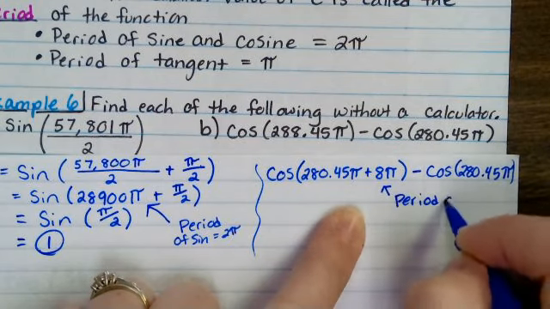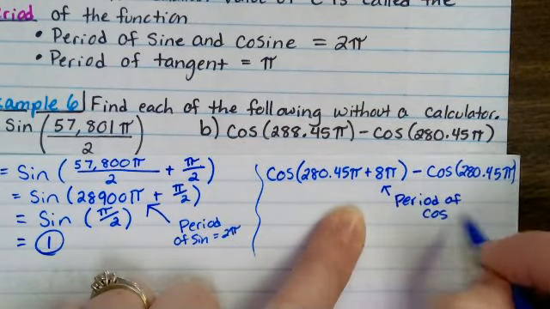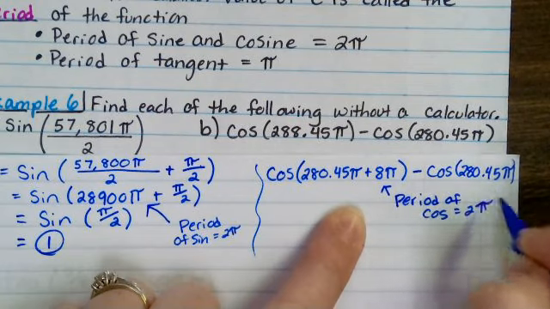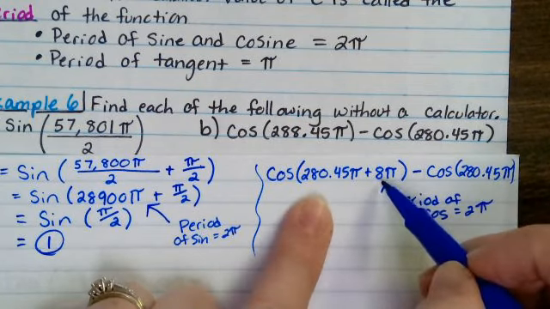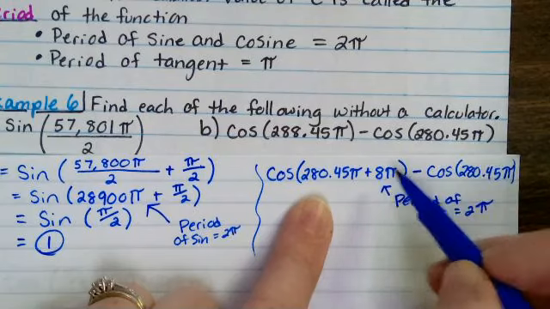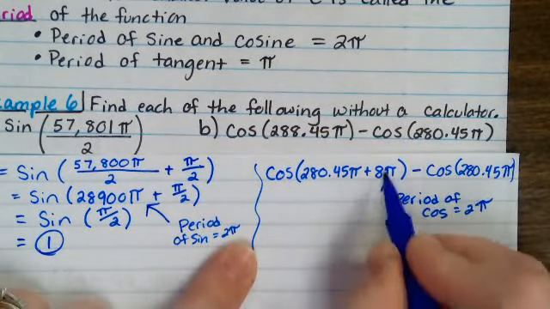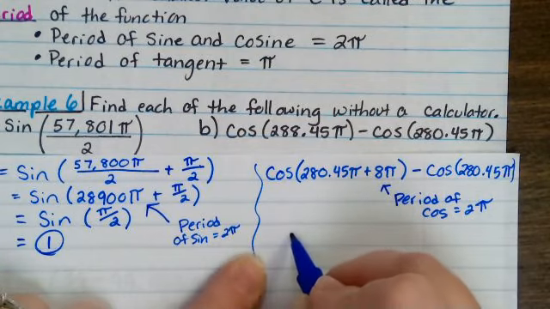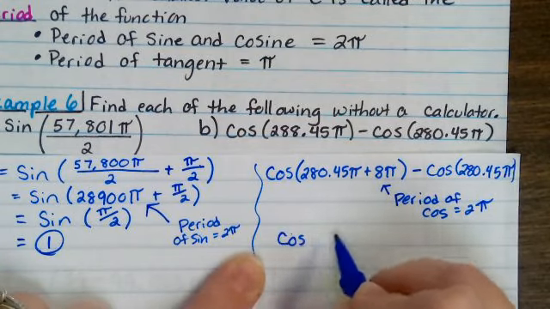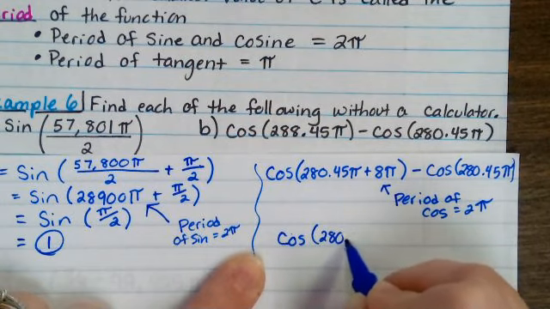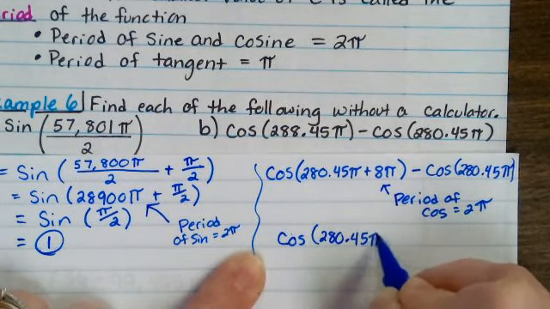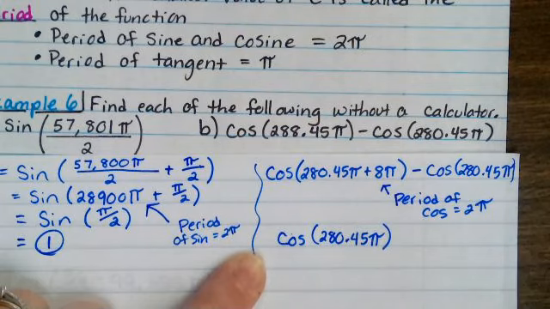And so the period of cosine was 2 pi. That allows us to say that because this is even, it's divisible by that 2 pi, then it's going to land in the exact same place. And so that value is essentially unimportant, which I know sounds crazy, but you don't need it anymore because this is just a repetitive value.